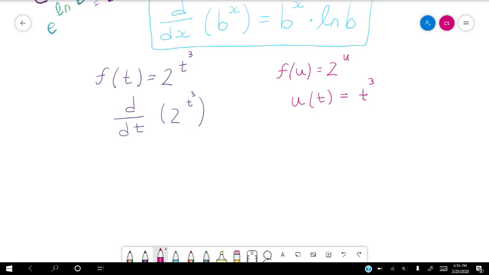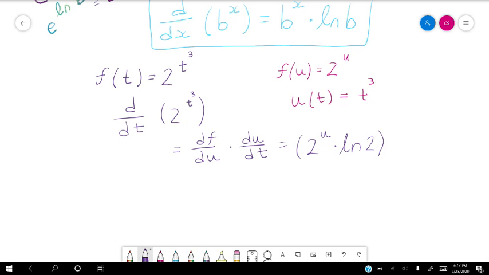According to the chain rule, this is equal to the derivative of f with respect to u times the derivative of u with respect to t. So the derivative of the outside function, 2 to the u, we just figured that out. That's 2 to the u times the natural log. What's the base now? It's not e, it's 2. Good, so it's our exponential function with base 2.